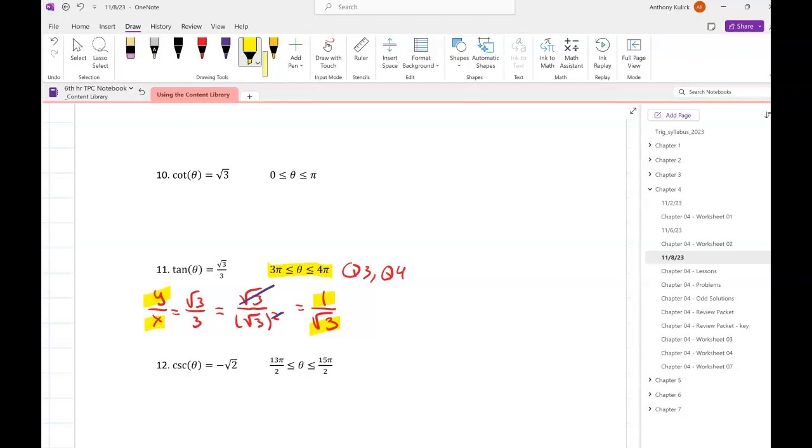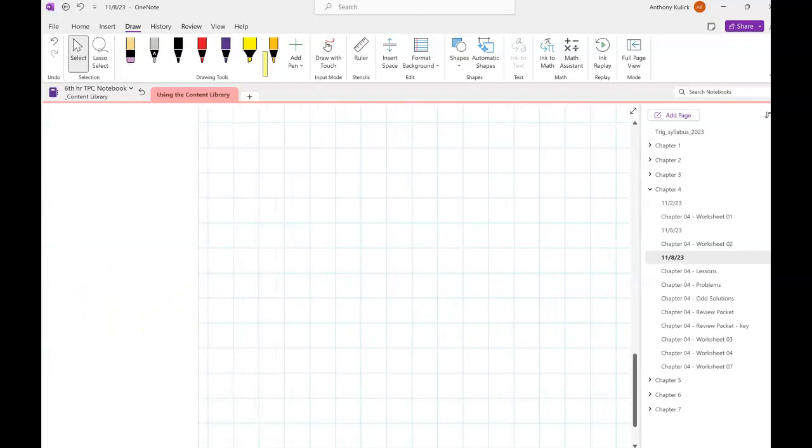So now if I look on the unit circle for a place where the x-coordinate is a square root of 3 and the y-coordinate is a 1, I still don't see that.